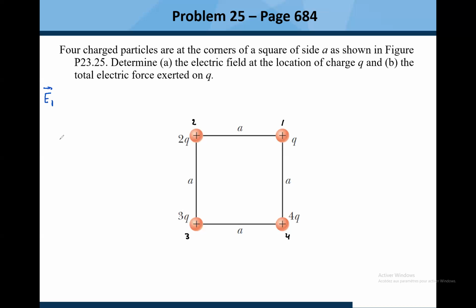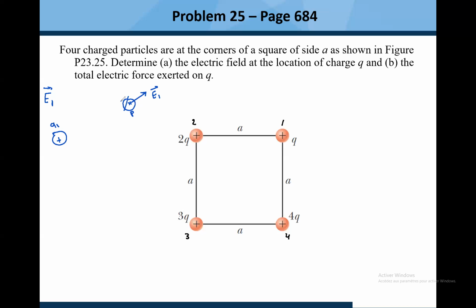For example, if I have a positive charge here, I want to calculate the field at the location P, and this charge is Q1. So here you will have E1, the field created by the charge Q1 at the position P. So we don't talk about the charge which exists here.